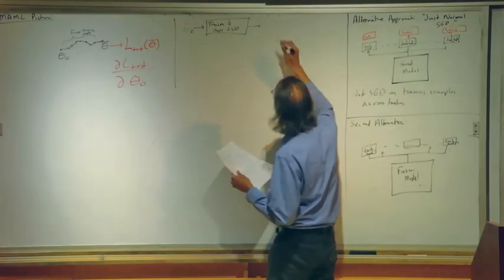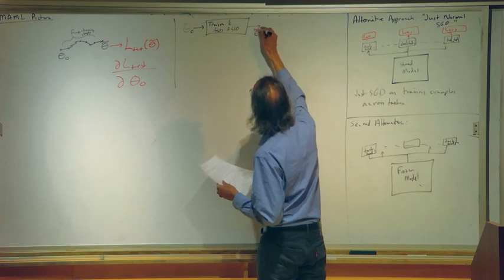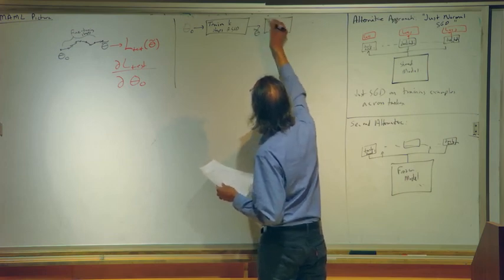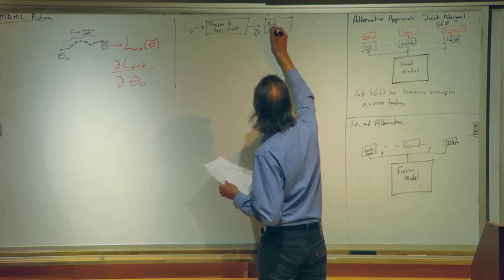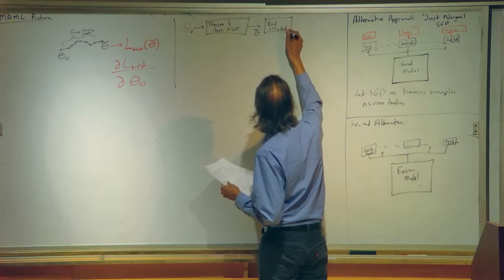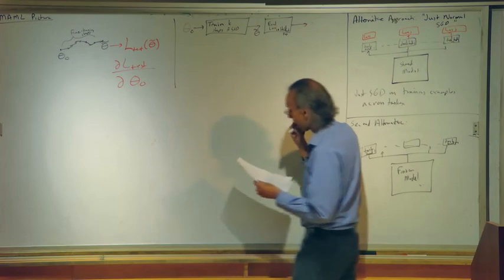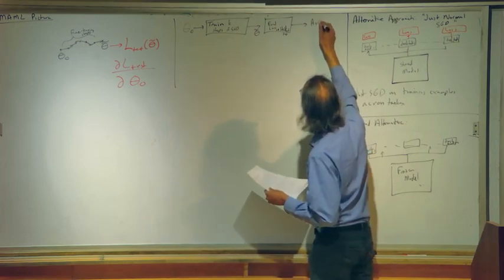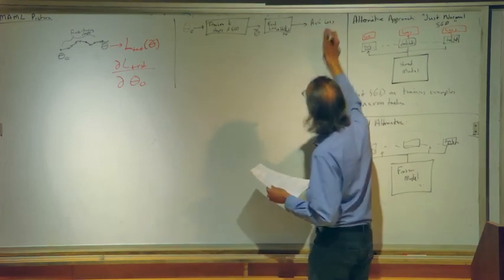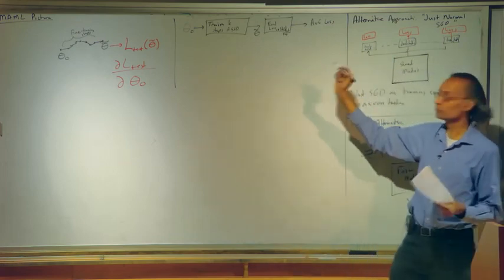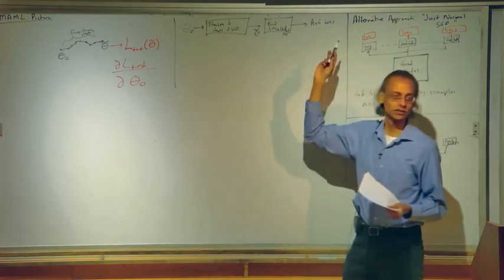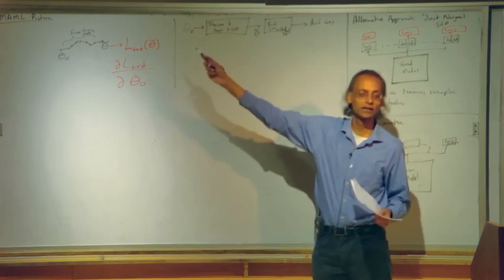Then I'll get a theta tilde. Then I'll evaluate my loss, and then I get an average loss. So now you can see everything is flowing in one direction, so you can take a derivative back.